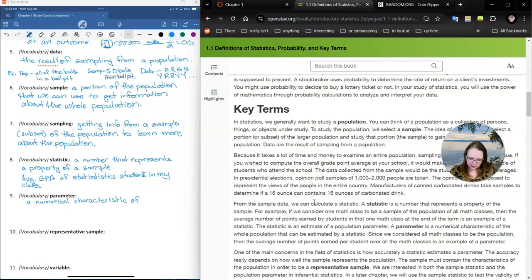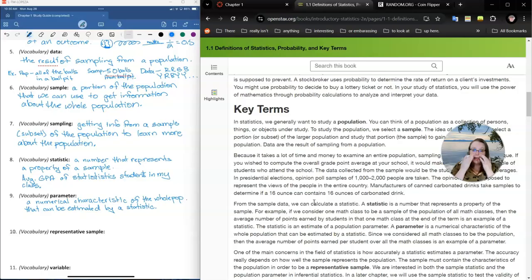Numerical characteristic of the whole population that can be estimated by a statistic.